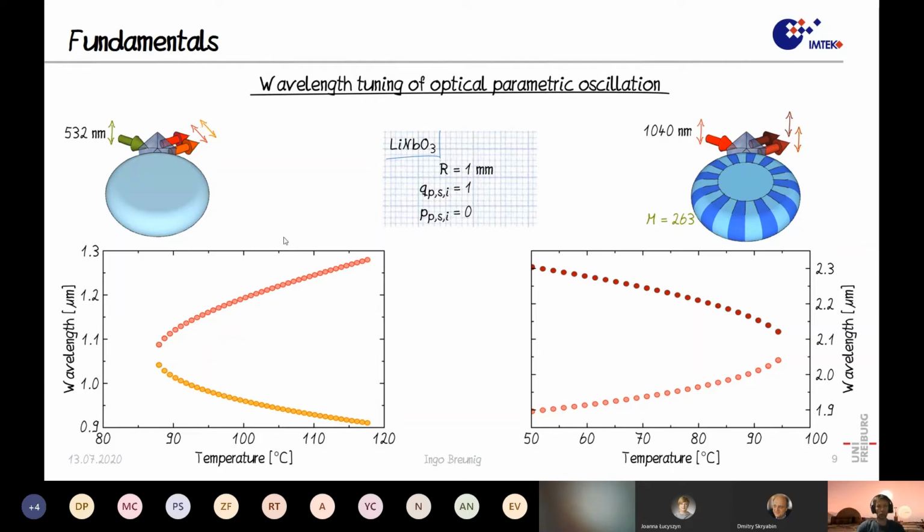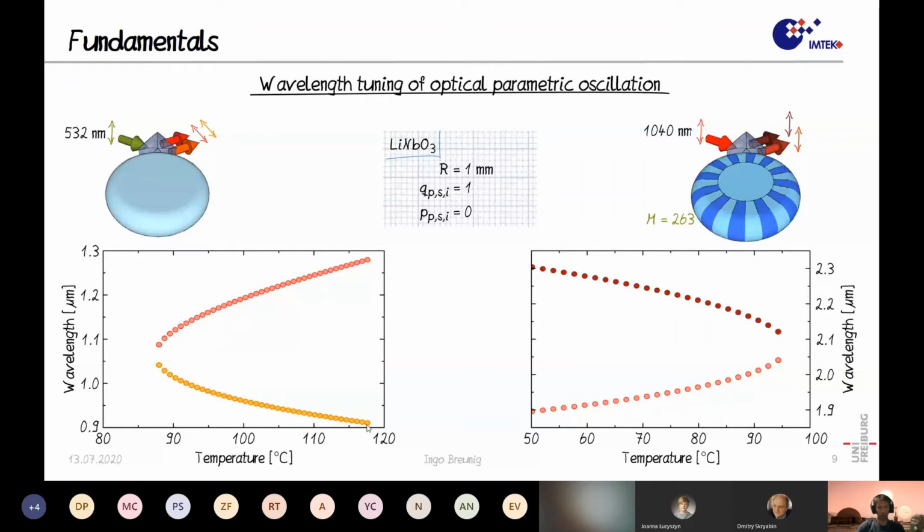So if we now calculate all the wavelengths, or frequencies, that fulfill energy and momentum or angular momentum conservation, we get this curve here, right? Since the effective refractive index also depends on temperature, we can tune the frequencies that are generated on the output side.